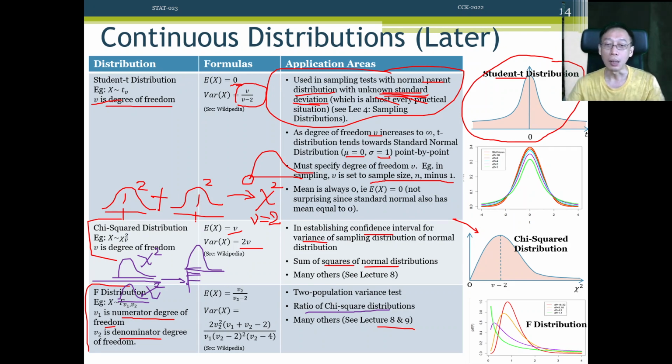Okay, and also when we have two population variance tests, something we talk a lot more about in lectures 8 and 9. And when we perform two population variance tests, we also have other tests, such as the ANOVA test, which is very useful and maybe even famous. And all these tests require us to perform some sort of a ratio. Which variance is larger?